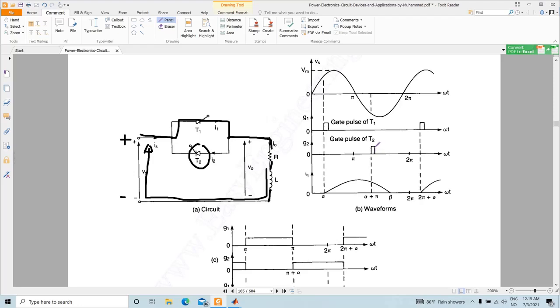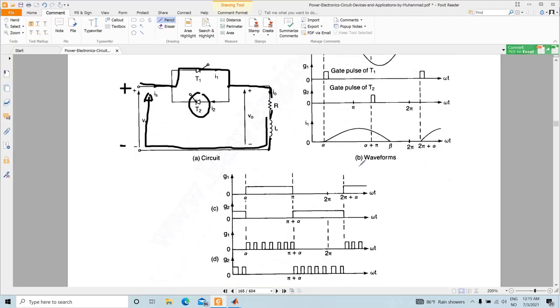So it should be a continuous pulse, so ideally like this. If you do not want to miss the trigger here, that should be ideally continuous.